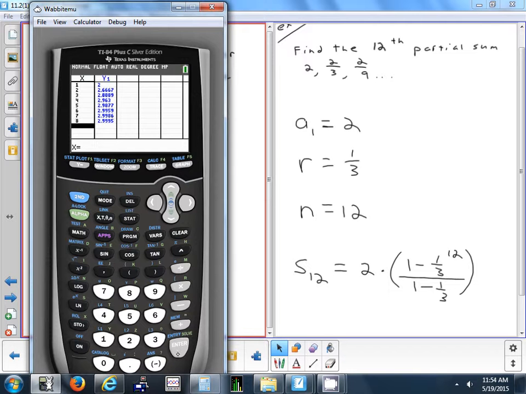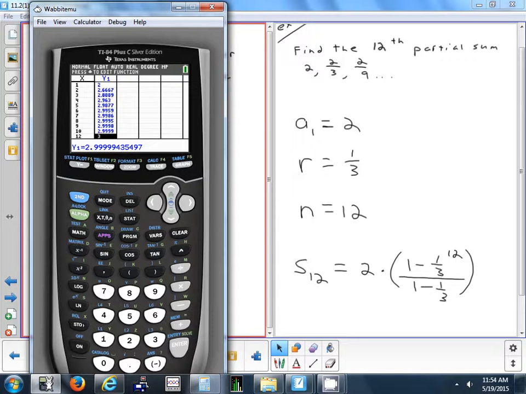2.99, okay, the eighth partial sum, 2.9995. Okay, the ninth partial sum, eventually it's just going to say 3 because it's going to run out of space. But it's not 3. Okay, and finally, if we get to the 12th partial sum, which is what we were looking for, it's basically 3.